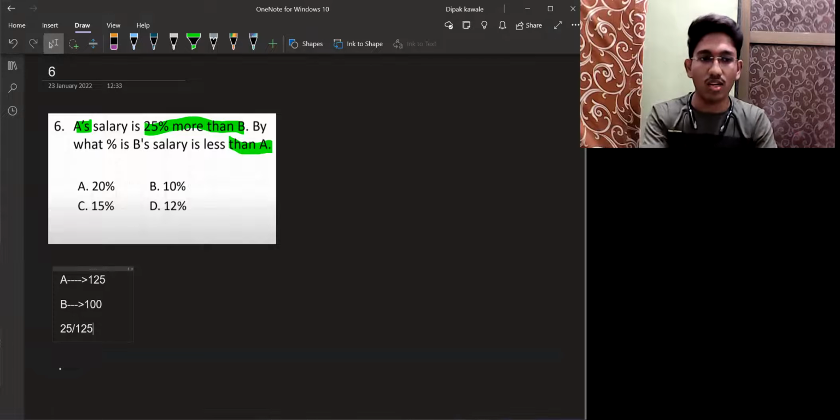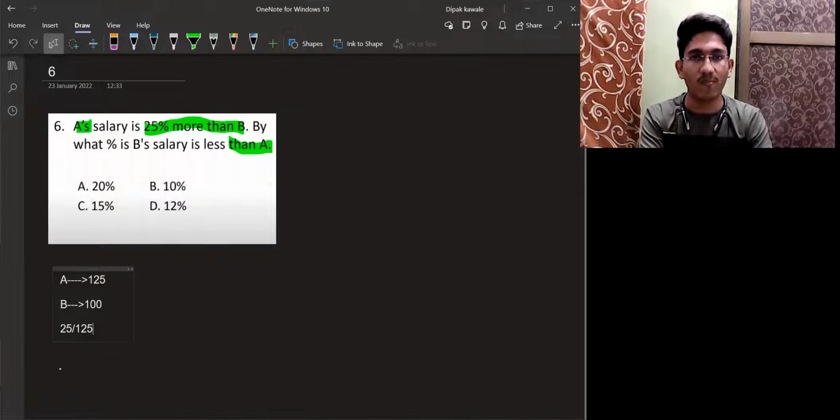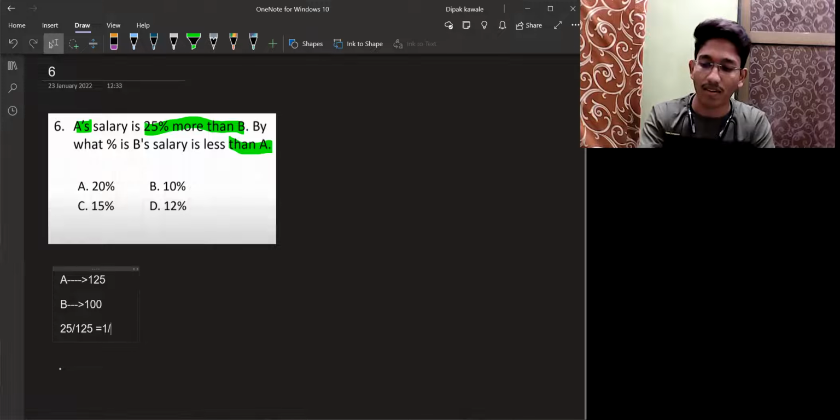So 25 divided by 125. Now tell me students, what is 25 divided by 125? Yes, you are right. 25 fives are 125, so it becomes 1 by 5. Tell me students, what is 1 by 5?